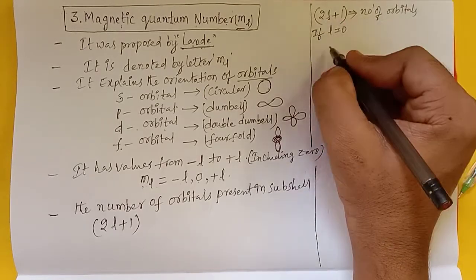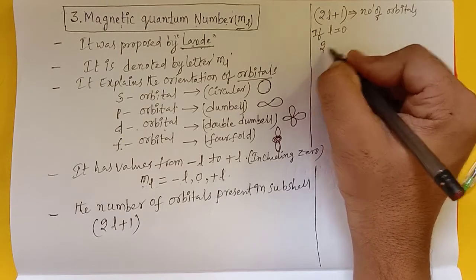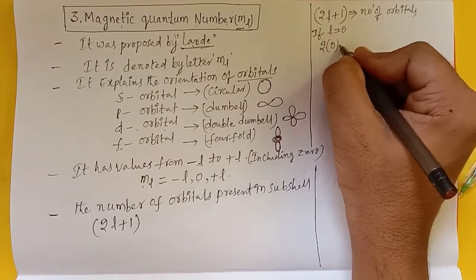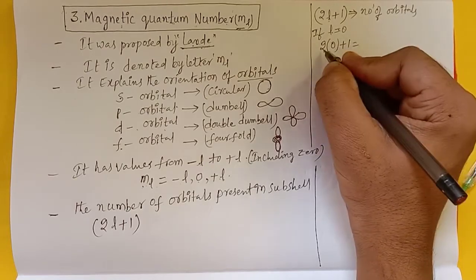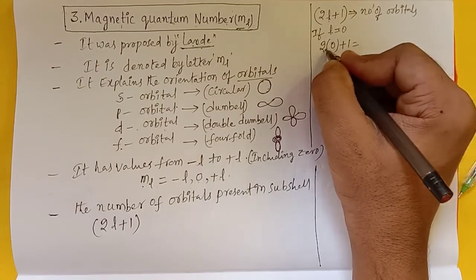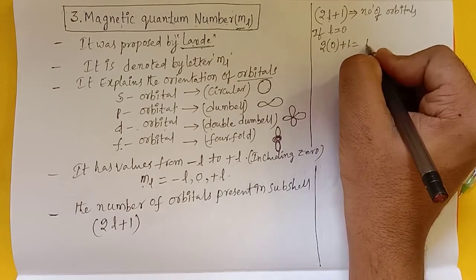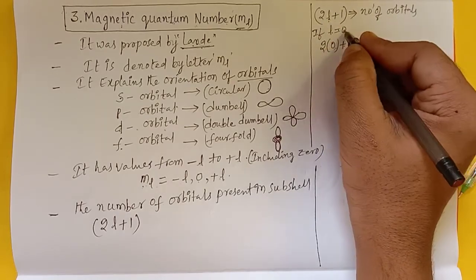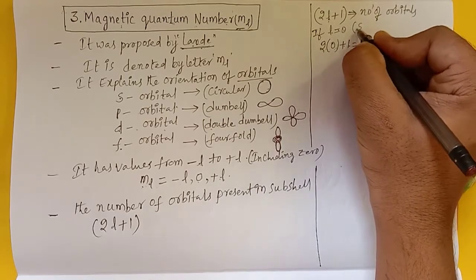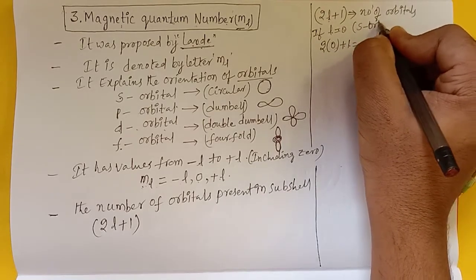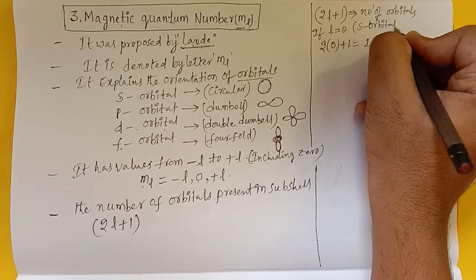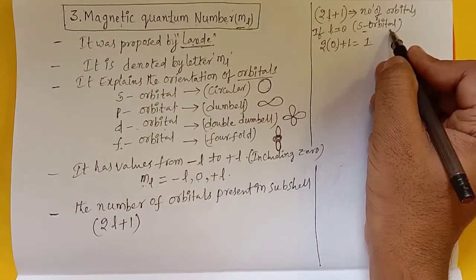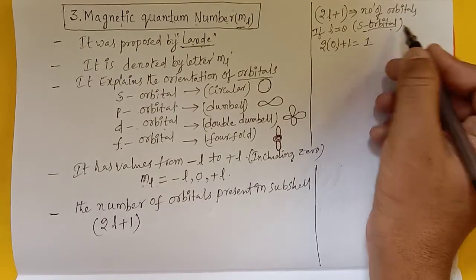Substitute the L value in the formula: 2 into 0 is 0, 0 plus 1 means 1. So how many orbitals are there? 1 orbital. For L equal to 0, which orbital is it? The S subshell, or we can consider it the S orbital.